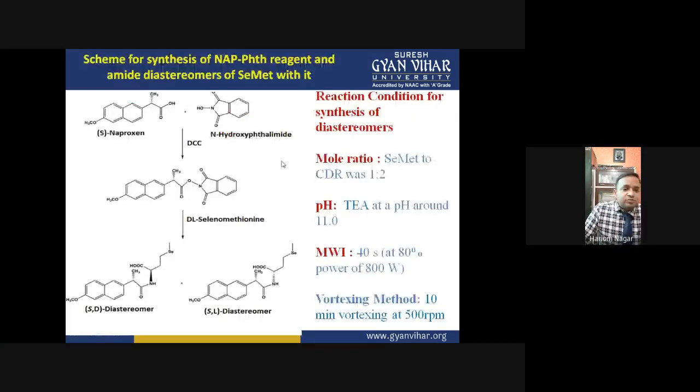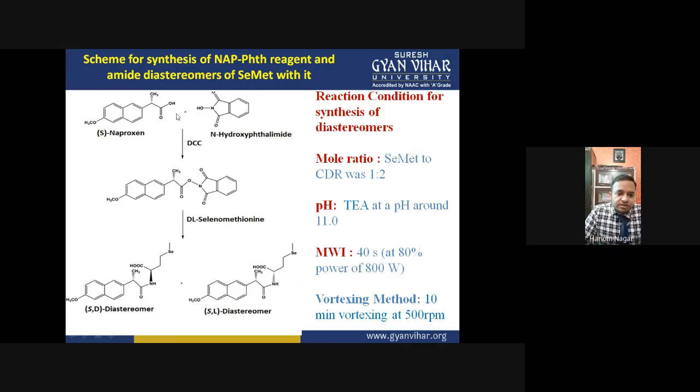So this is the scheme for synthesis of the naproxen-based chiral derivatizing reagent, and that reagent is then used for the synthesis of diastereomers of selenium-methionine. Here, this is the chiral moiety, that is S-naproxen. S-naproxen, when reacted with N-hydroxyphthalimide, undergoes a condensation reaction.